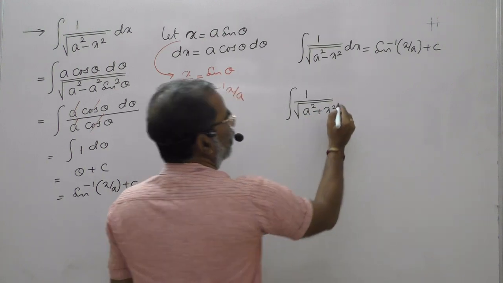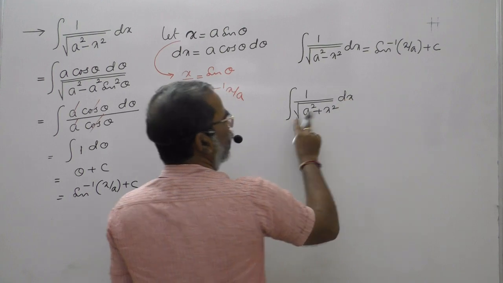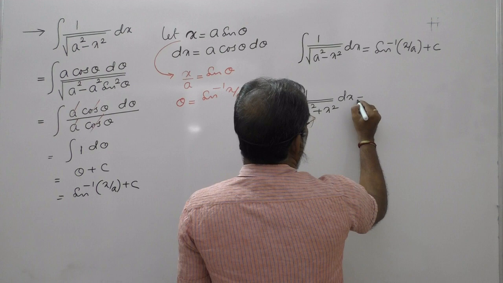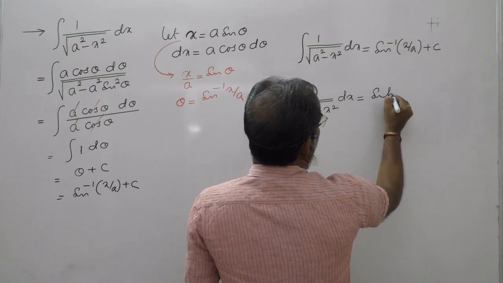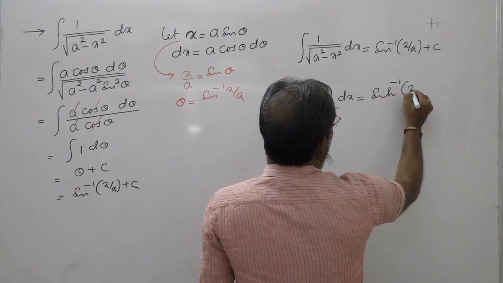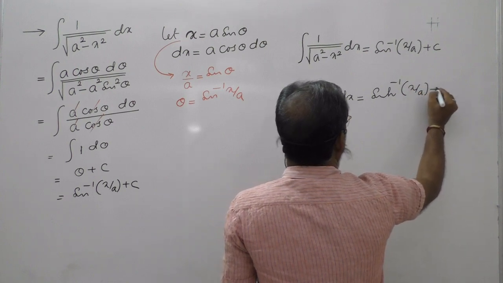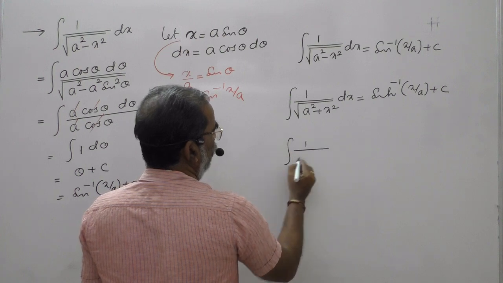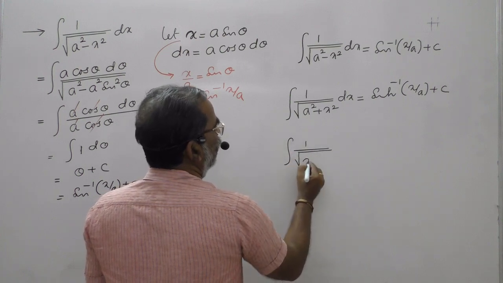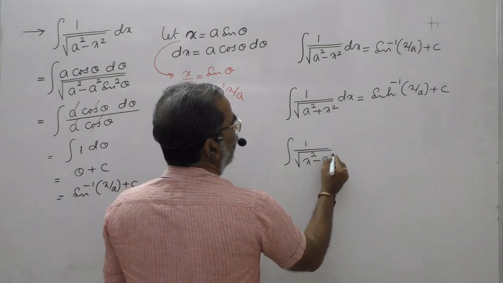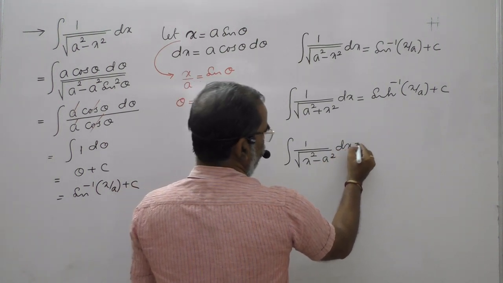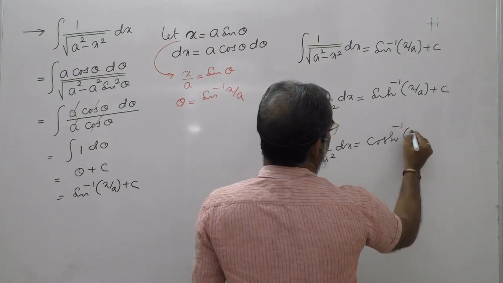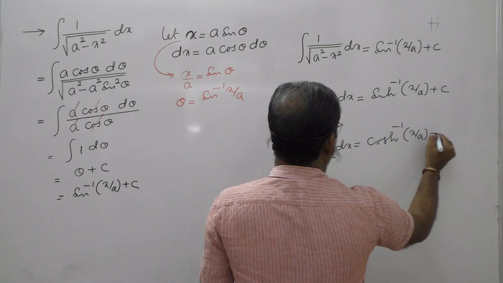When plus is there, both orders are the same. Its integral will be sin h inverse of x by a plus c. And one more, integral 1 divided by root over x square minus a square into dx. This will be cos h inverse of x by a plus c.